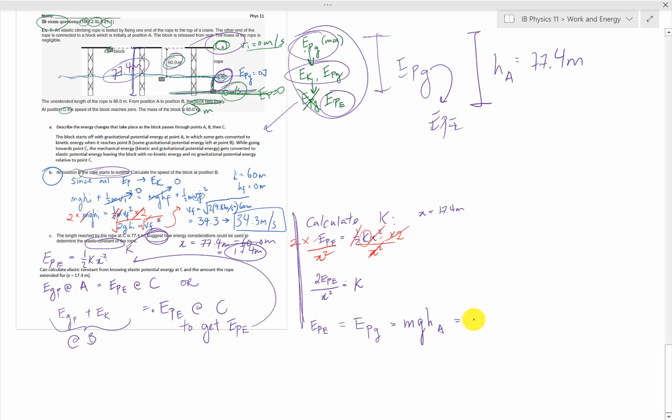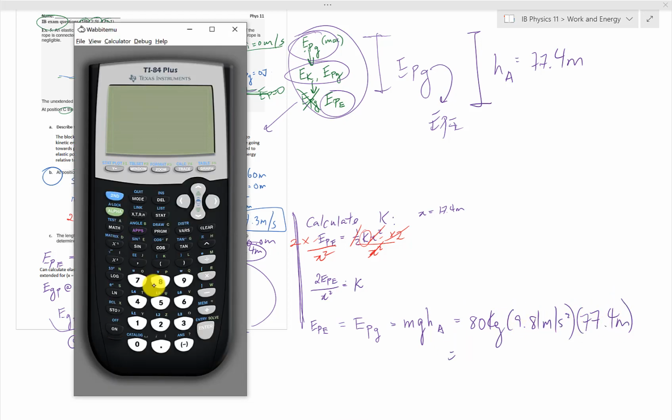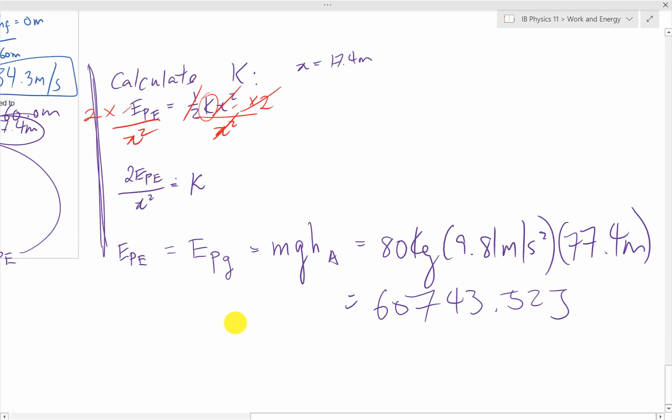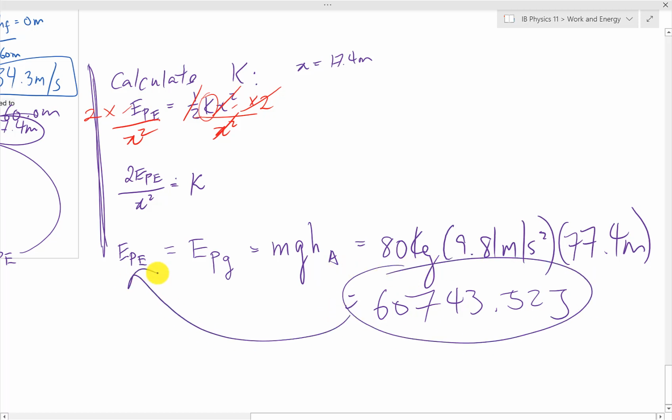So let's calculate this. I get the mass of the block, 80 kilograms, times 9.81, times the height, which is 77.4 meters. So then I would get 60743. Now I can use this energy, because all of this will be converted into elastic potential energy.